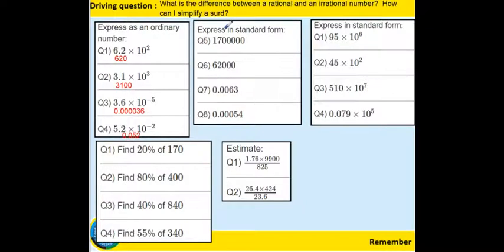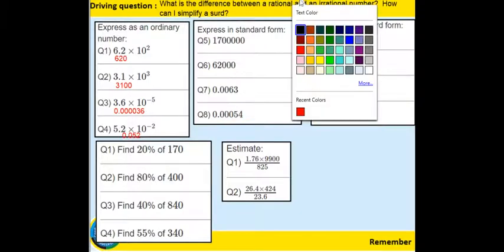Okay, expressed in standard form. So this has been multiplied by 10 1, 2, 3, 4, 5, 6 times. So I've multiplied 1.7 by 10 6 times.